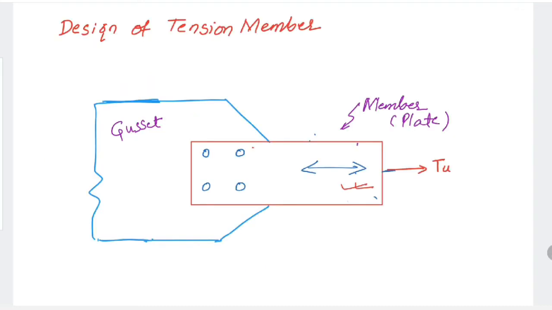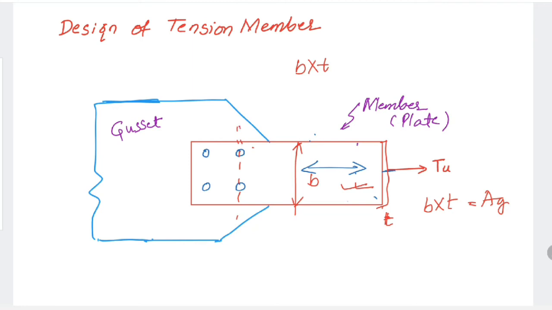And the second type of failure is rupture of the critical section. Critical means, this plate has some dimensions, that is B into T. B is the width and the thickness is taken as T. So the cross section of this plate is B into T. This will be treated as the gross cross section.